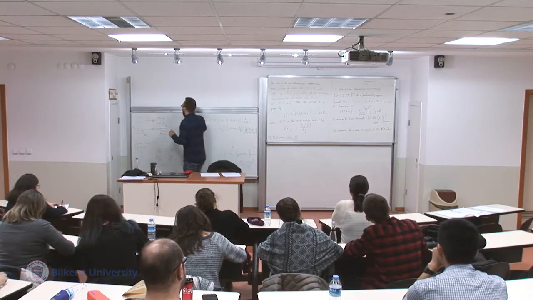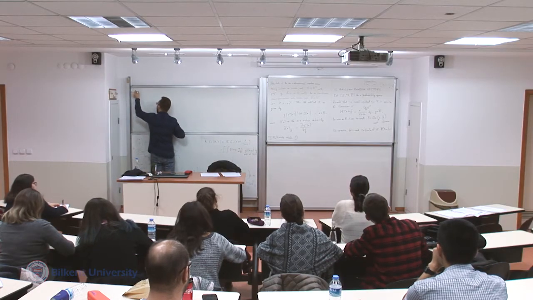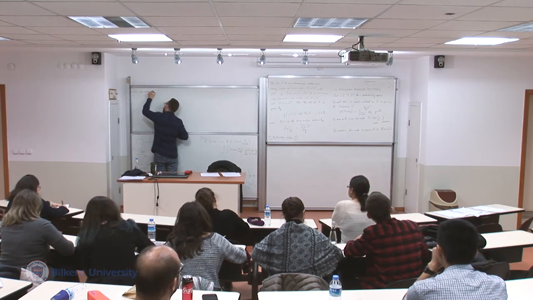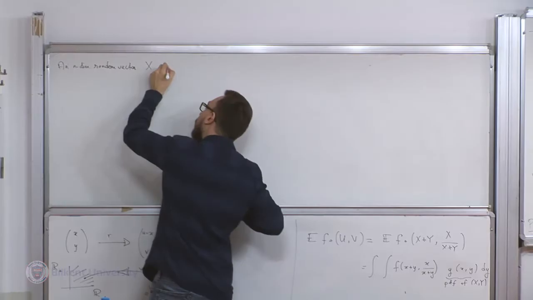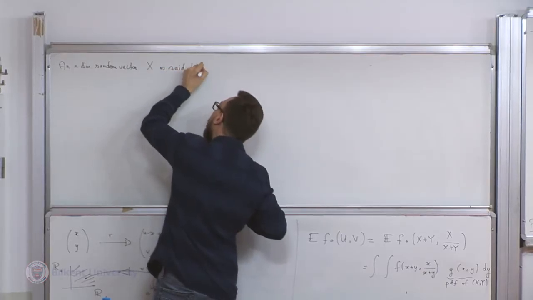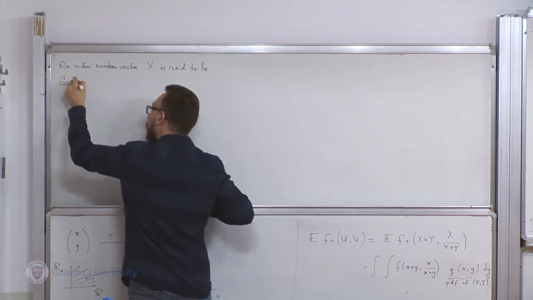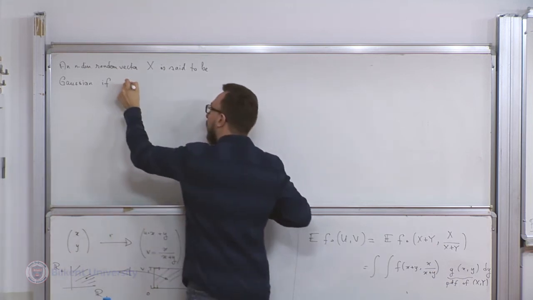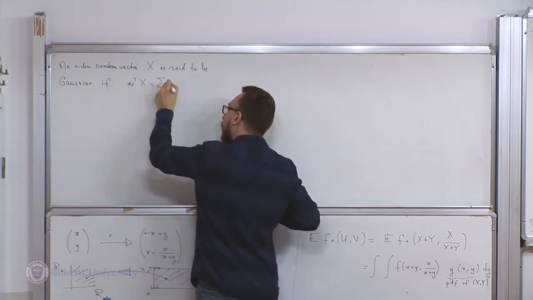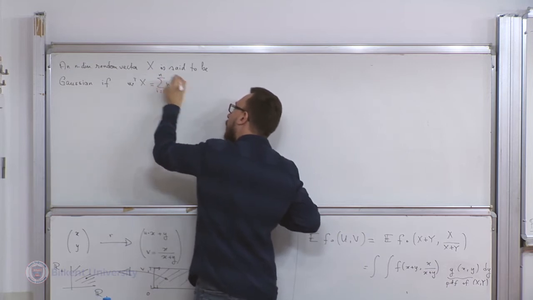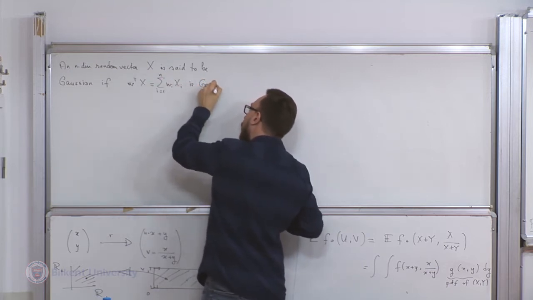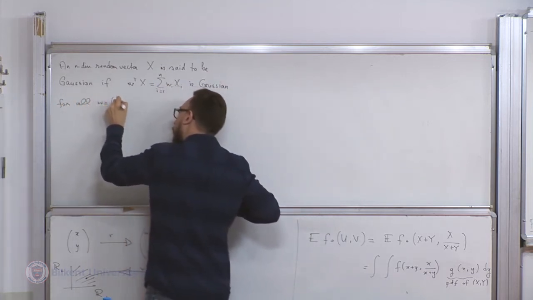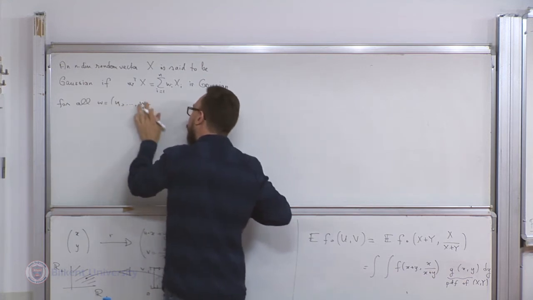So let's define Gaussian vectors. An n-dimensional random vector X is said to be Gaussian if its weighted sums w1 X1 plus ... plus wn Xn are Gaussian for all weight vectors w1 to wn.